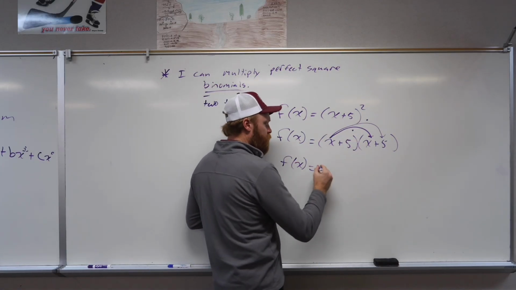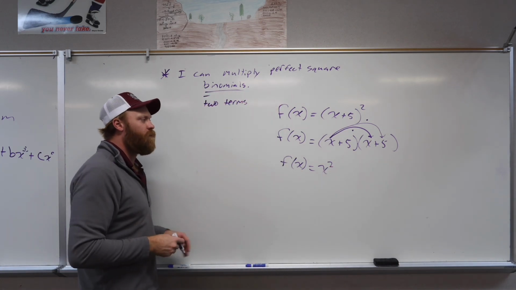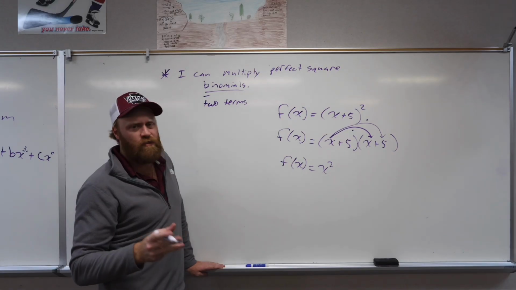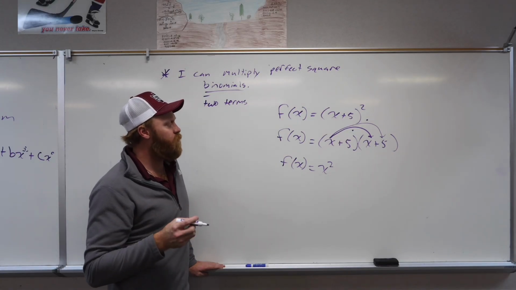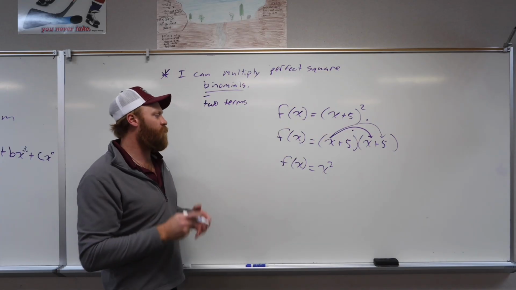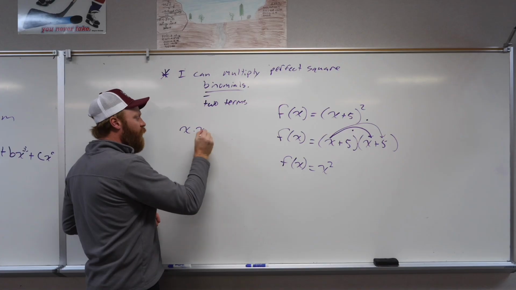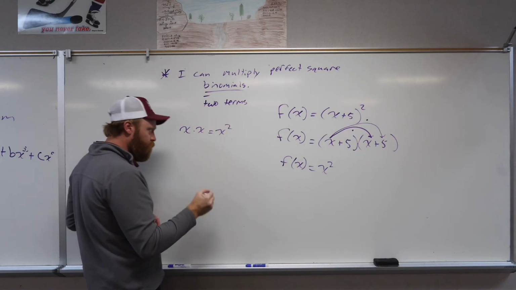So here we go. X times x, that is going to be x squared. Now again, I have to take a little pause with this one. Students get this confused, and I think a big part of it is that we miss teaching these side by side. For example, x times x equals x squared.